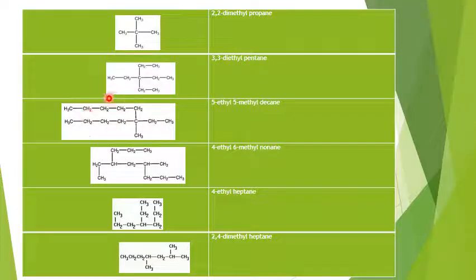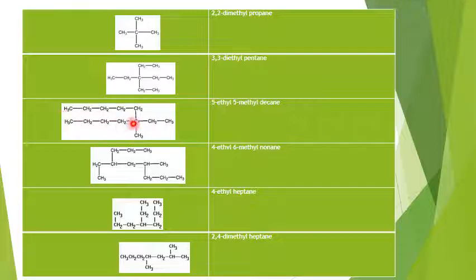All right, next one. Okay, now if you go straight across with this one, you get the wrong answer, okay? So the longest chain goes like this, so it kind of sweeps back. So 1, 2, 3, 4, 5, 6, 7, 8, 9, 10. All right, so it's going to be a decane, and then it has an ethyl and a methyl coming off the chain.